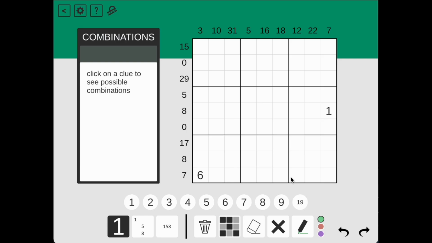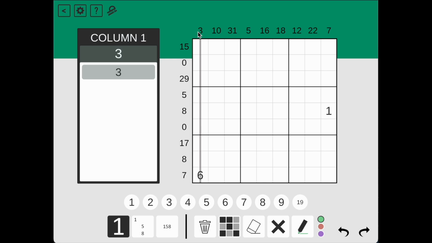What Sandwich Sudoku changes is these numbers on the top and to the side. So this 3 means that in this column, the digits between the 1 and the 9 will add up to 3.